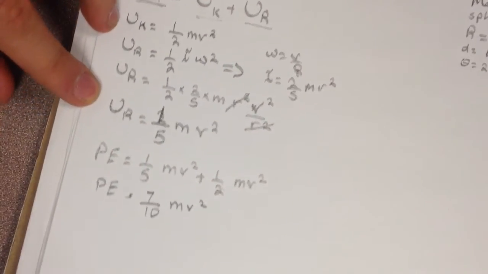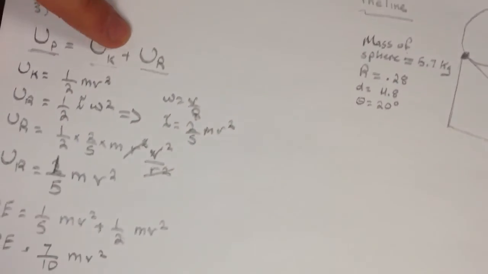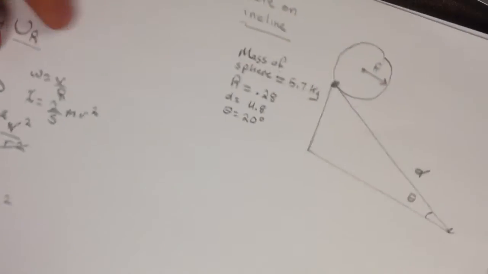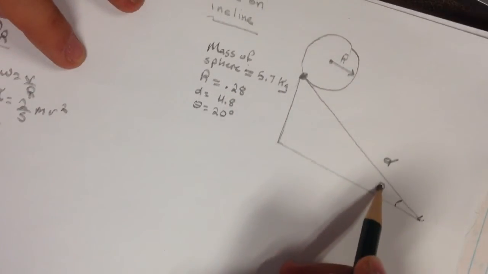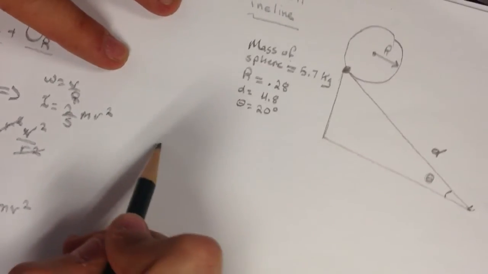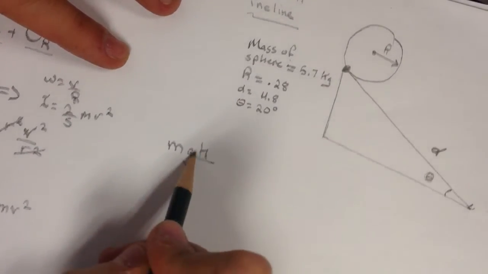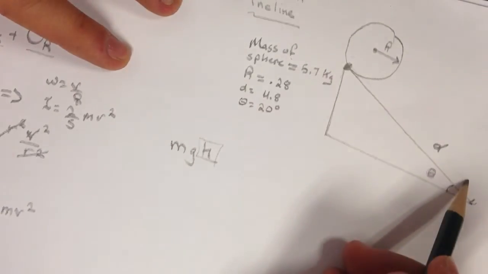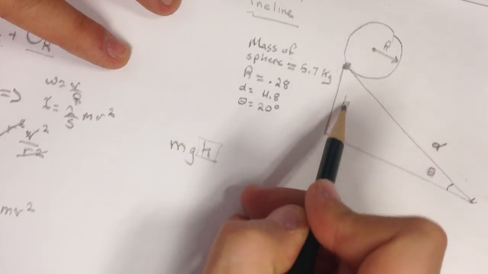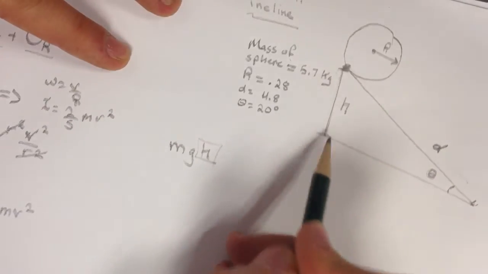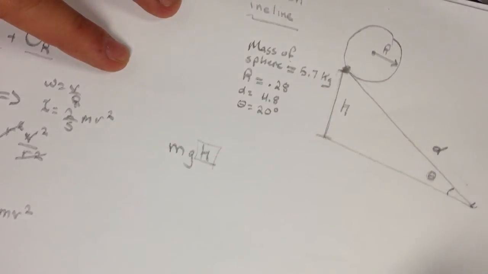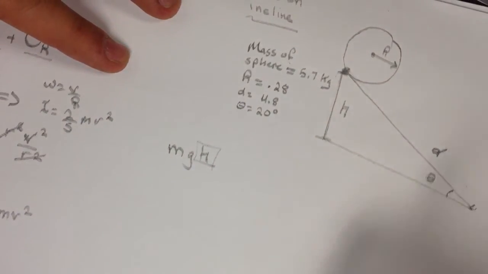What's the potential? Potential is mgh, so we need the h. The h is not this d, it's the perpendicular height from the ground, or where you took the potential as 0.